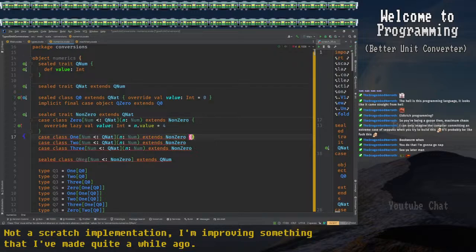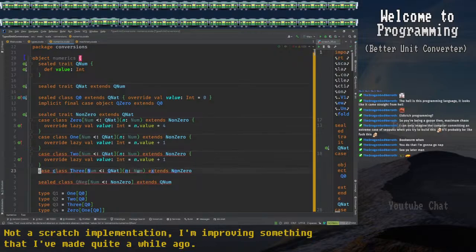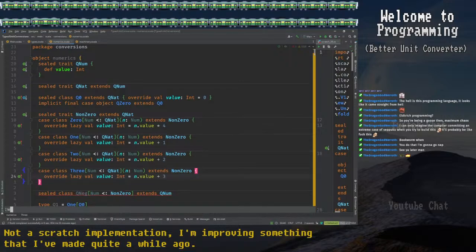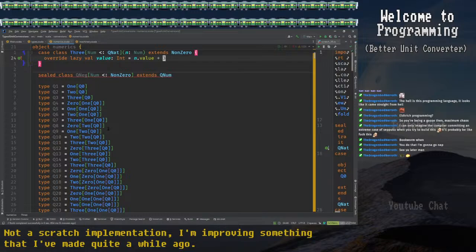Maybe it might? Maybe. So what if we have, for example, 1, 1, right? Like this.